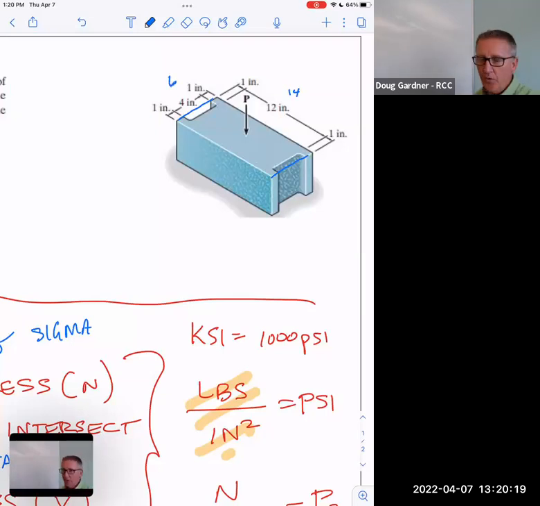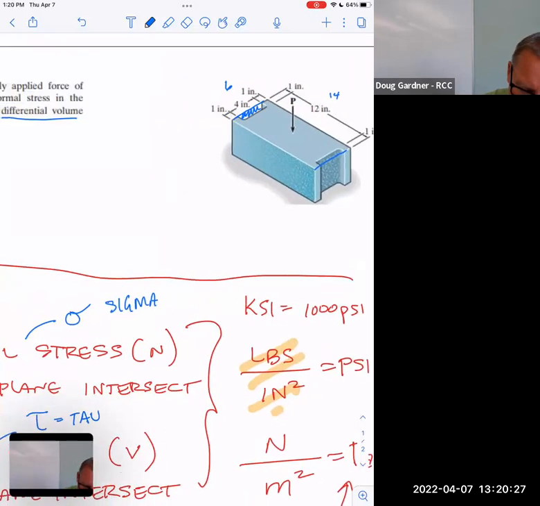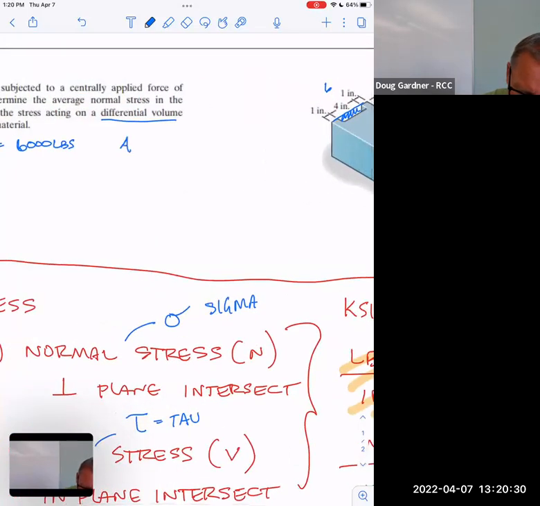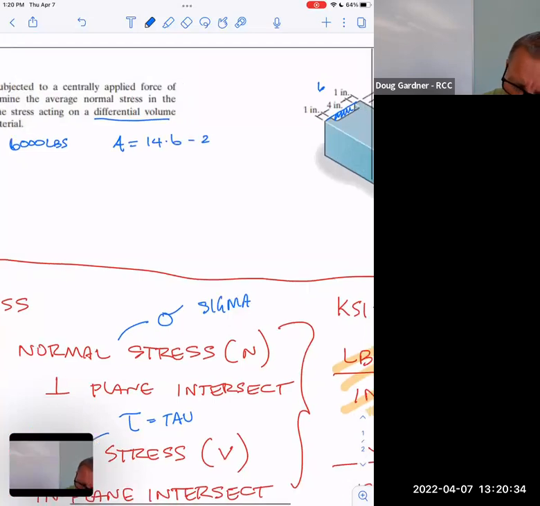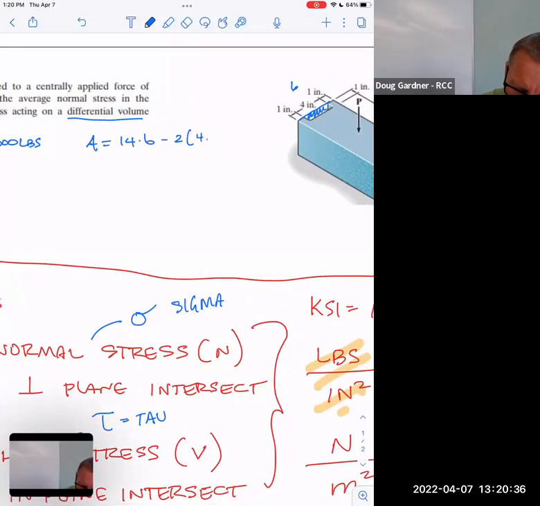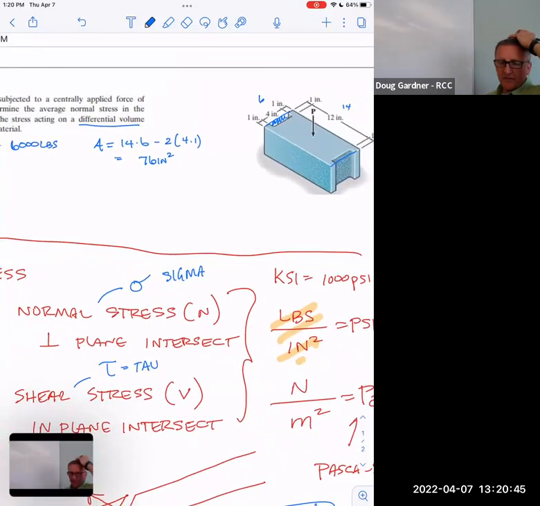So find the area of the whole top, 14 by 6, and then go back and subtract these little shapes out would probably be easier. So for the area, if I took 14 times 6 and then subtracted off 2 of those 4 by 1s, that's probably the easiest. So that brick is 76 square inches.